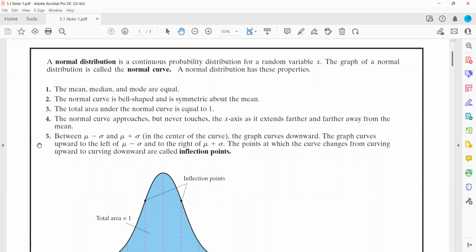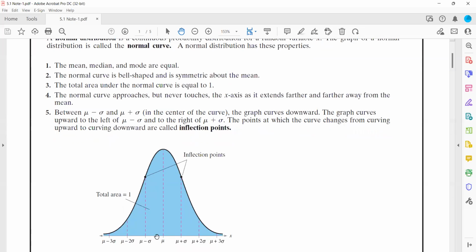Number two, the normal curve is bell-shaped, and it is symmetric about the mean. So what's the meaning of that? It means that if I consider this vertical line to be representative of the mean, the mean is on the horizontal line. Everybody, note that the mean is on the horizontal line.